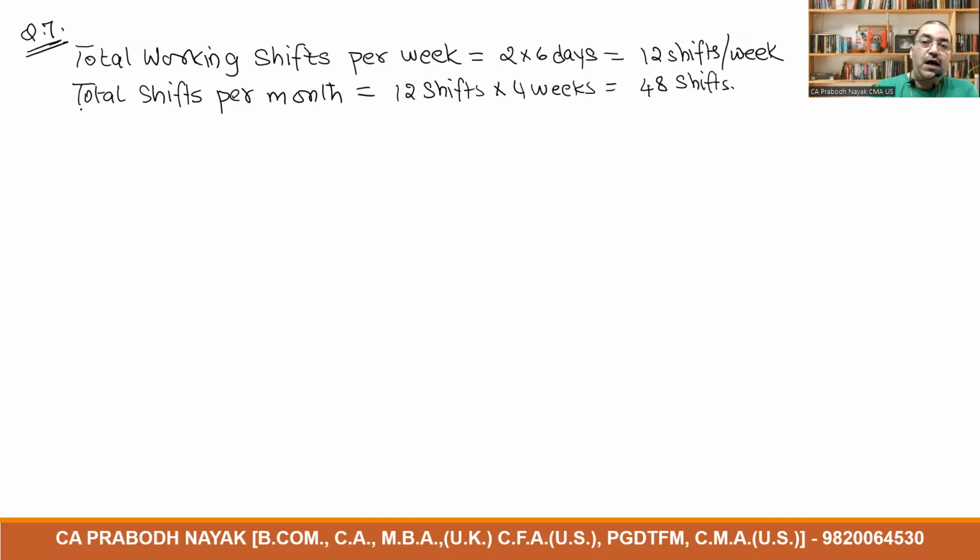Now I want to calculate how many hours you have actually worked, because for the availability ratio I require the available time. Now available time, I know it is 8 hours per day. If I want to convert it into minutes, 8 hours into 60 minutes per hour, so 8 into 60, that is 480 minutes.